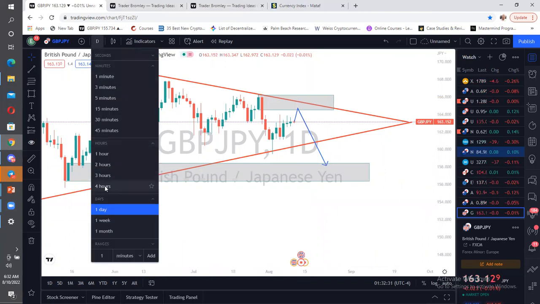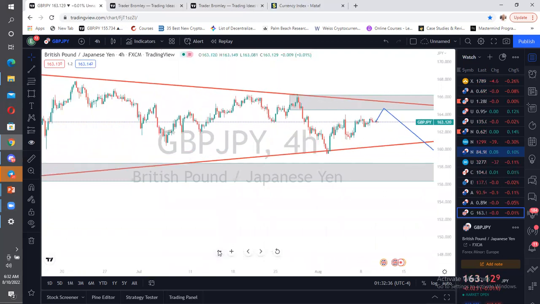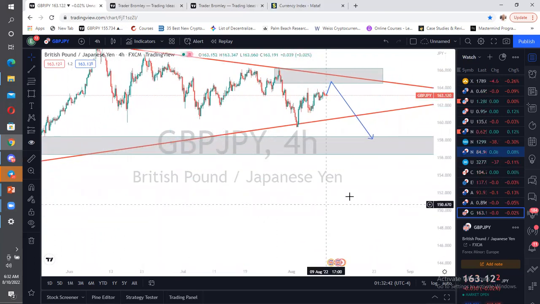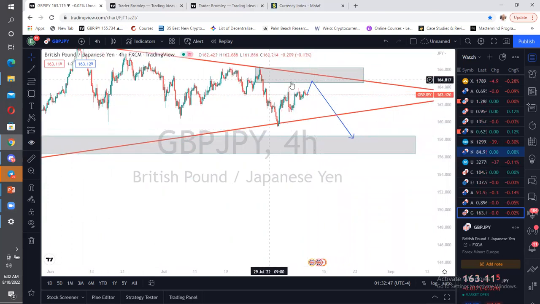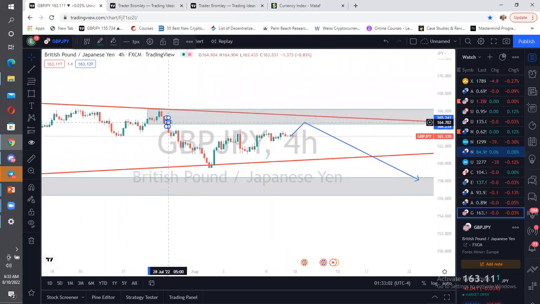Let's go straight to 4 hours and possibly zoom out. So if you watch here, we'll have imbalance, right? Here. And we'll also have a block here. That will tell you that this area is important.